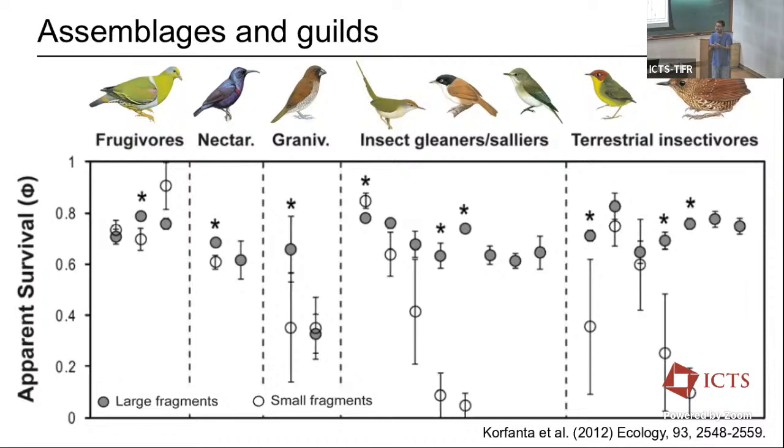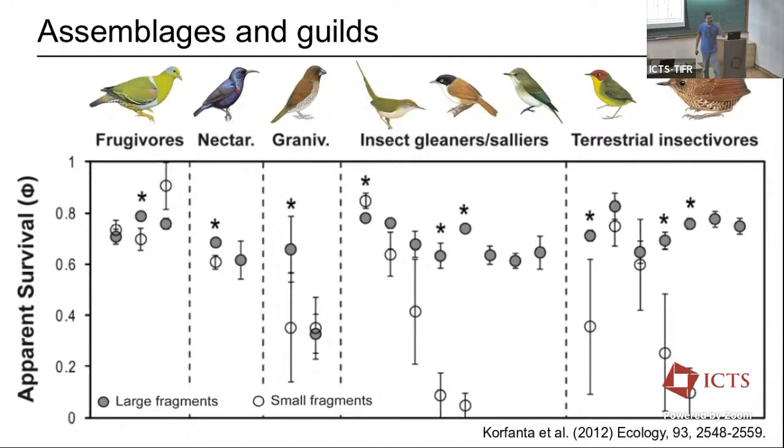So different guilds have different properties. So you could say, of all these birds that are there in these fragments, you can ask, how does the survival rate of species change in large fragments versus small fragments.